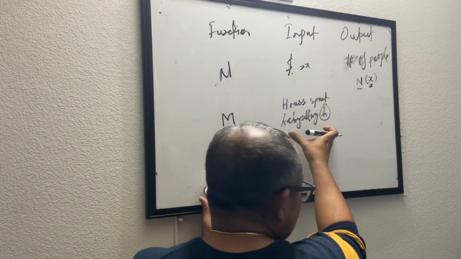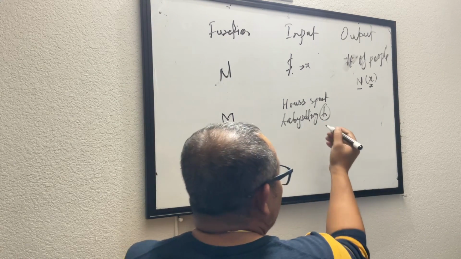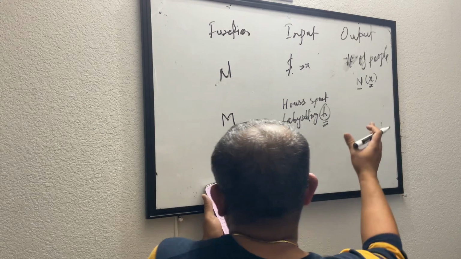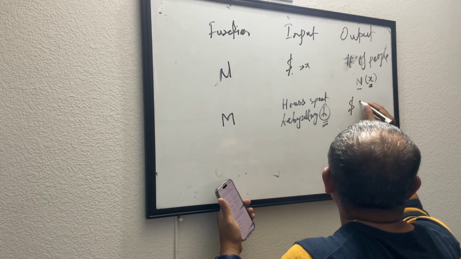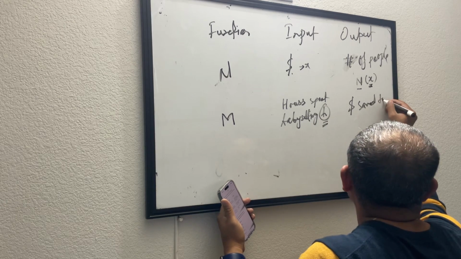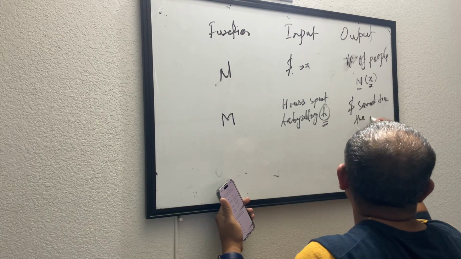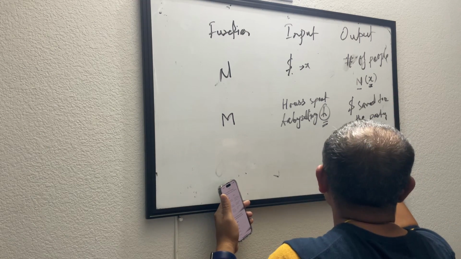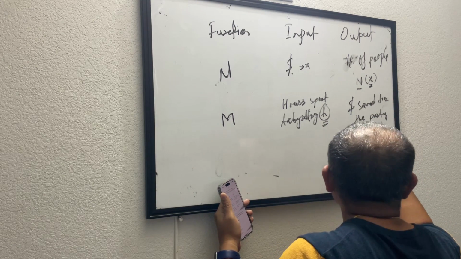So basically he is probably making money by babysitting, and for every hour he makes some money. And the output is dollars saved for the party. So this function is m, which has h as an input.